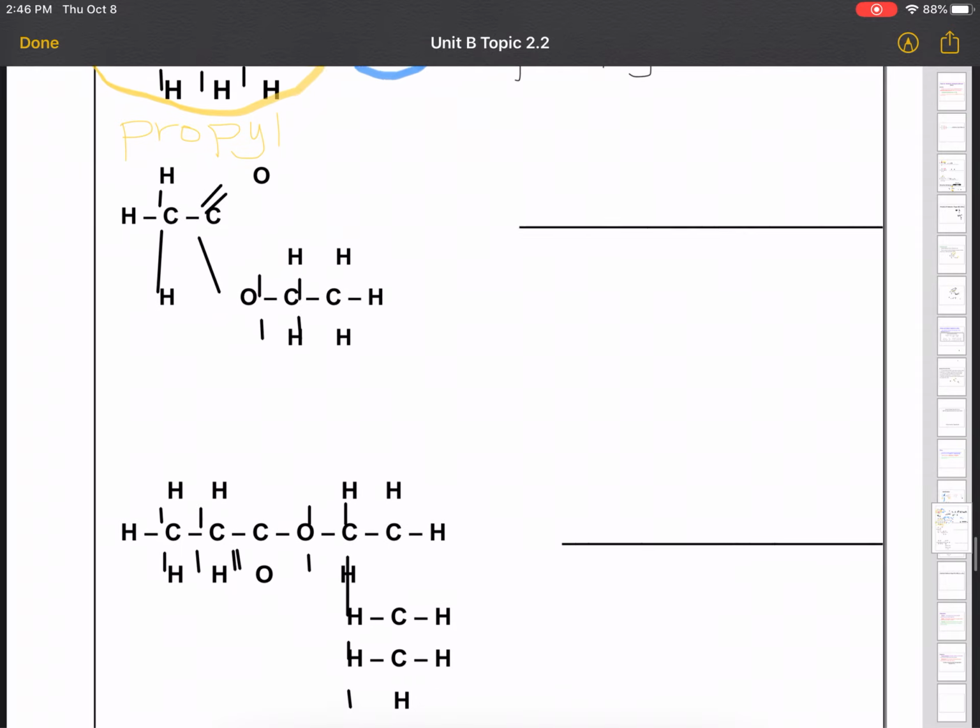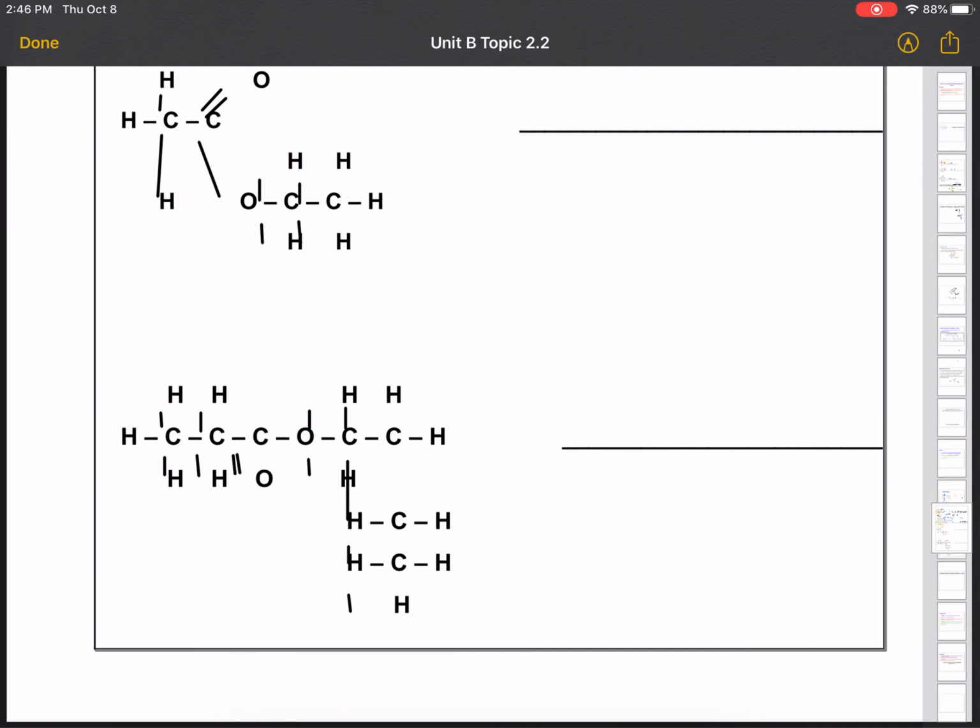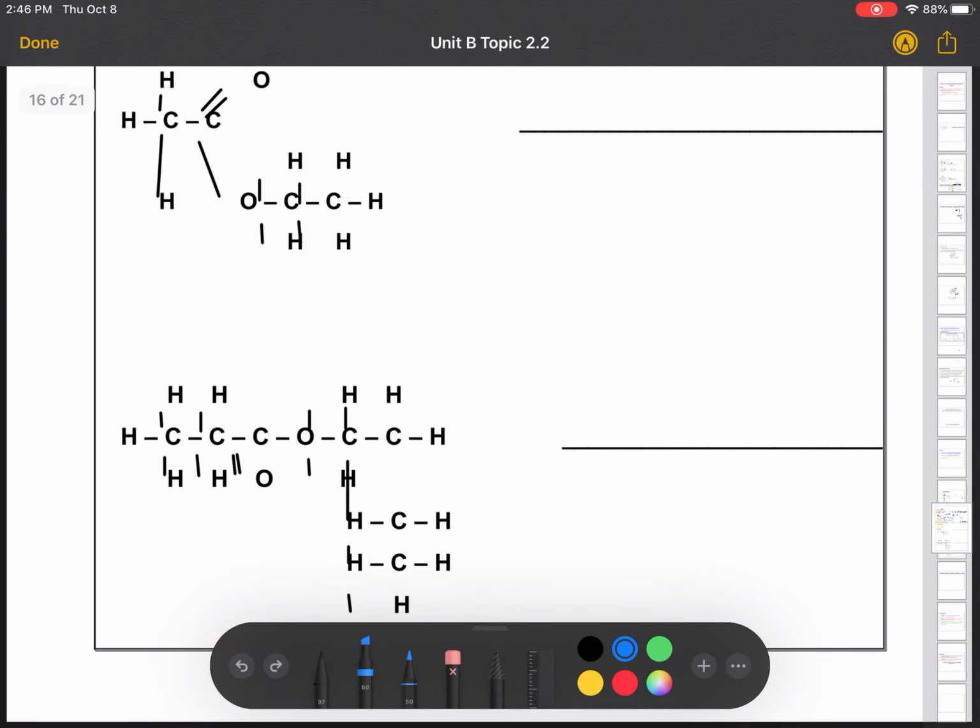All right, let's go to the next one. Our first task: figure out which one is the alcohol and which one is the carboxylic acid. I see the single bonded O right there, so I'm going to say this is our alcohol. And our double bonded O is over here, so that would be considered the carboxylic acid side.